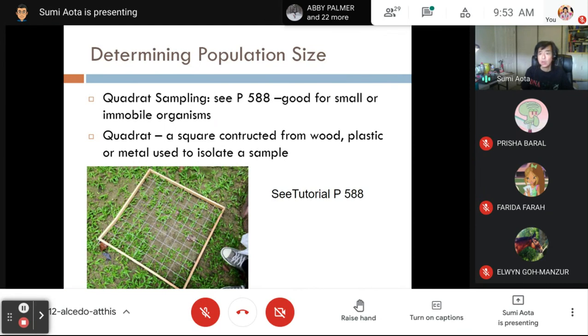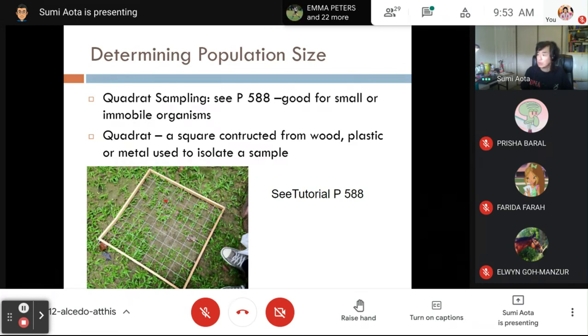Okay. So quadrat sampling is really good for small or immobile organisms, things like weeds and grass. What you're going to do is use this grid, which is called a quadrat. This is a 10 by 10 quadrat. You're going to randomly pick some squares, and in each square, you count the number of the population that you're interested in.